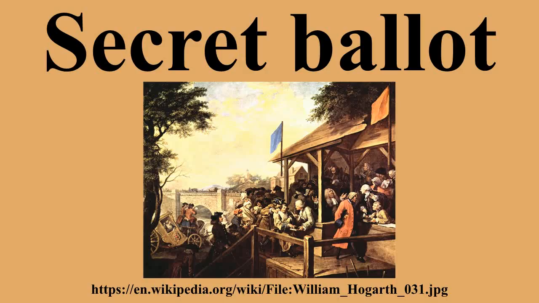International law. The right to hold elections by secret ballot is included in numerous treaties and international agreements that obligate the signatory states. Article 21.3 of the Universal Declaration of Human Rights states, "The will of the people shall be expressed in periodic and genuine elections, which shall be held by secret vote or by equivalent free voting procedures."